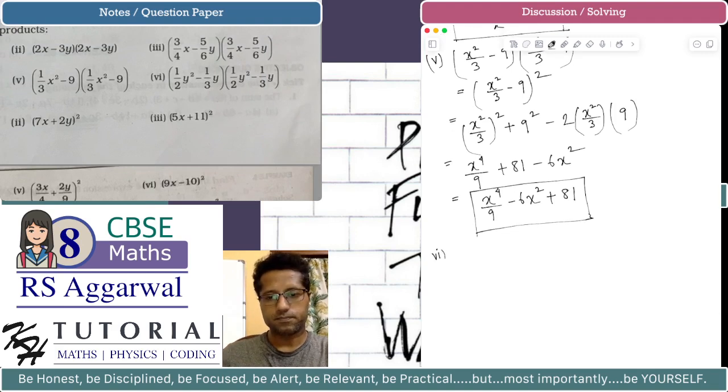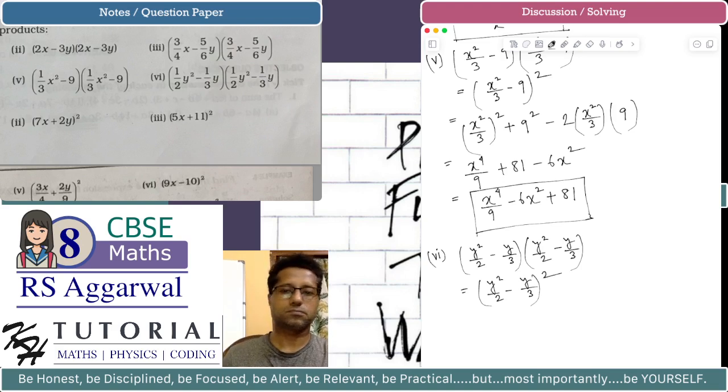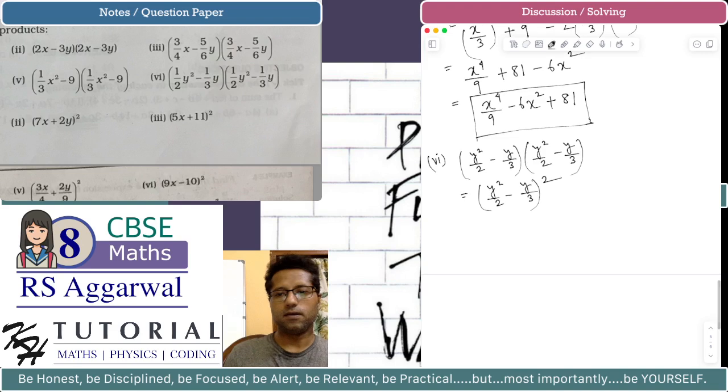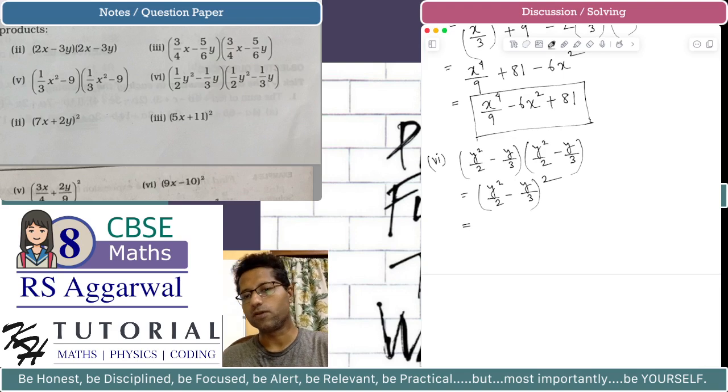Part 6 is y square by 2 minus y by 3 multiplied by y square by 2 minus y by 3. So this is equal to y square by 2 minus y by 3 whole square. Now you can do one thing, you can take out y common from both the terms. It is of the form a minus b whole square, but in both a and b you can see a common term of y.